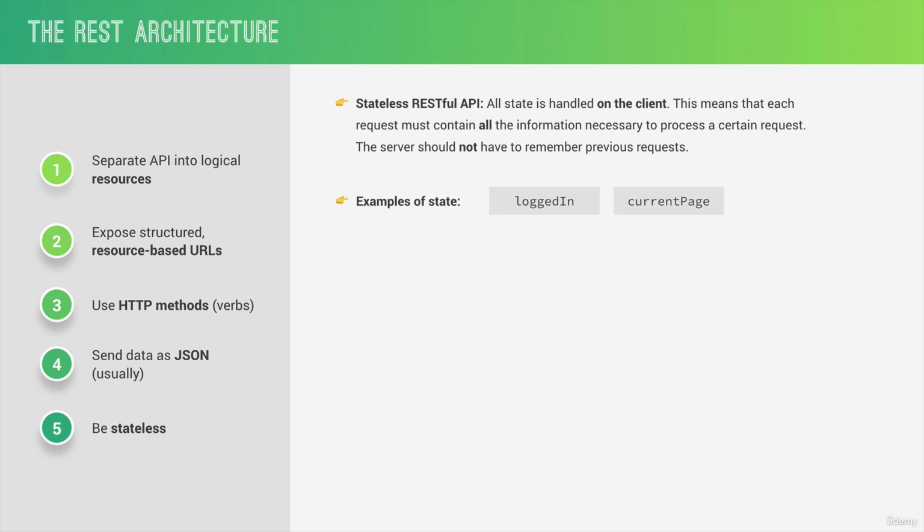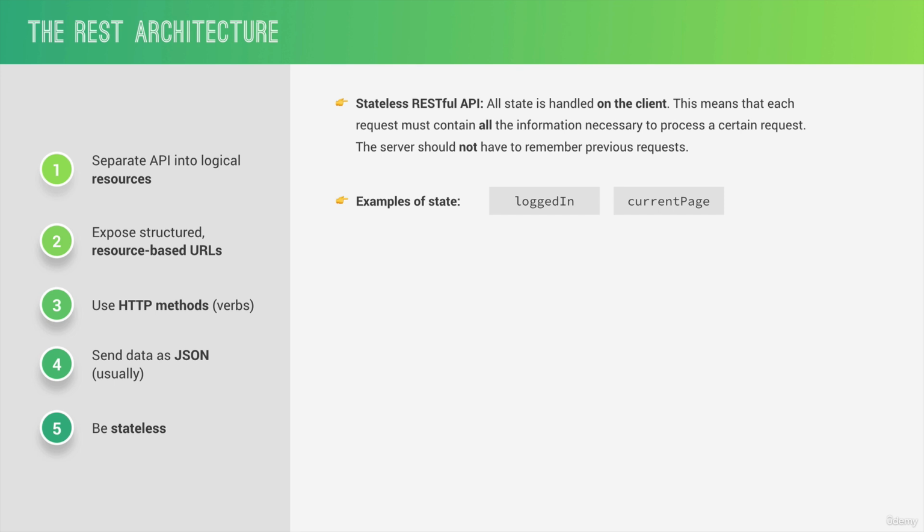Now, the fact that state should be handled on the client means that each request must contain all the information that is necessary to process a certain request on the server. Alright, does that make sense? So, the server should never ever have to remember the previous request in order to process the current request.